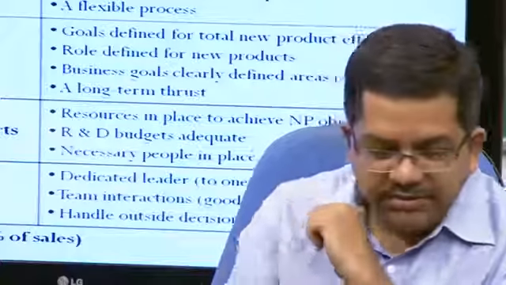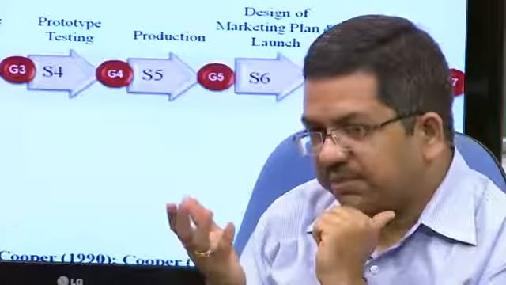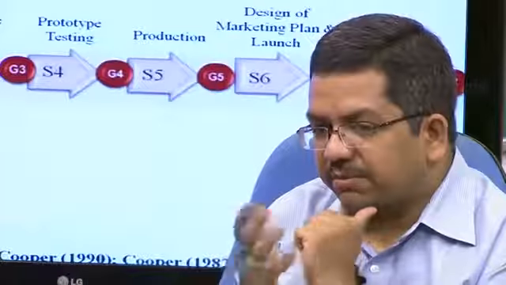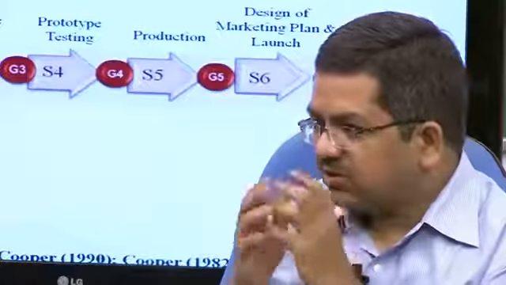You can see that whenever there are newer ideas which are radical in their nature, they may not be able to fulfill the gate 1 requirements of the organization, like a routine, a commonly available idea that is not new to the world.